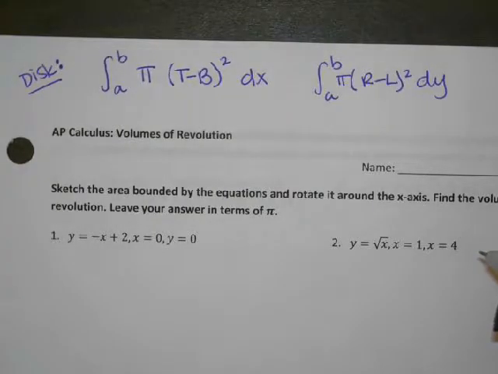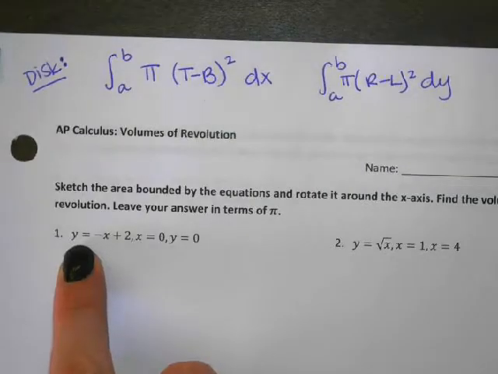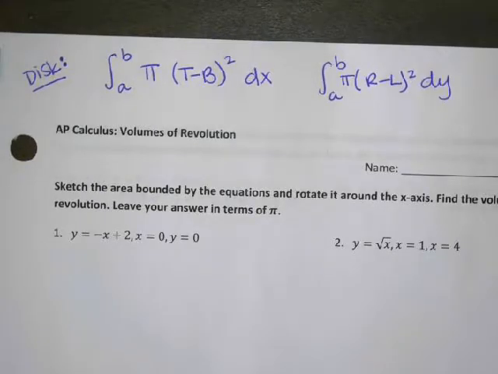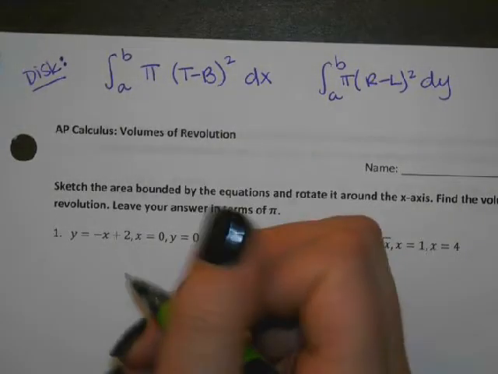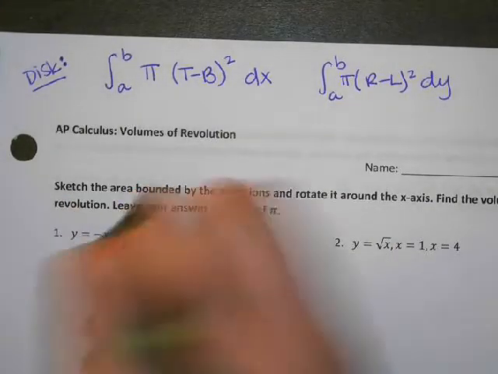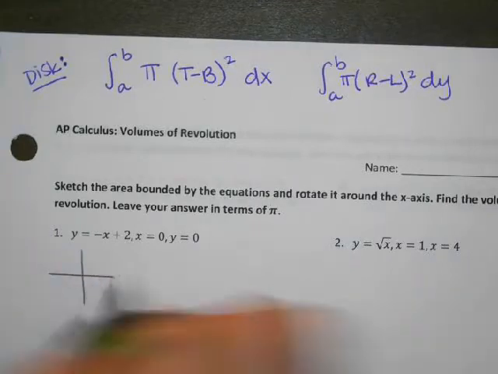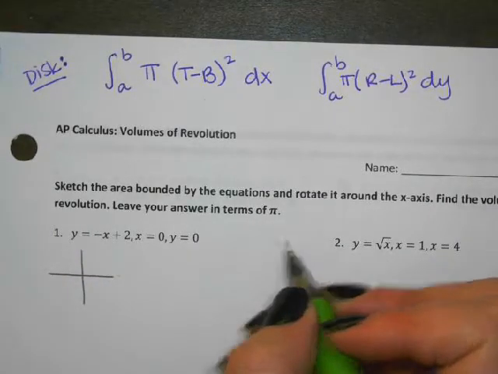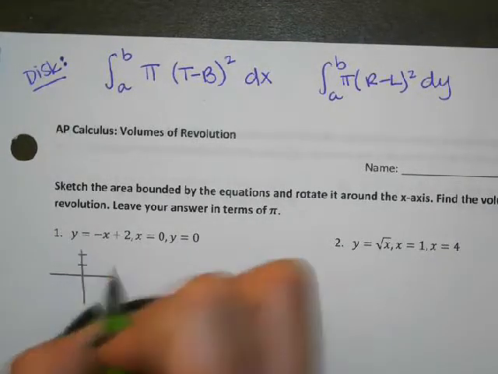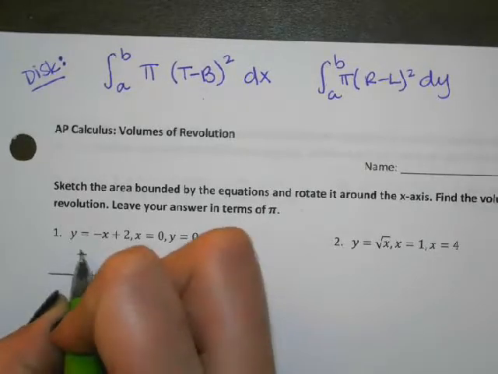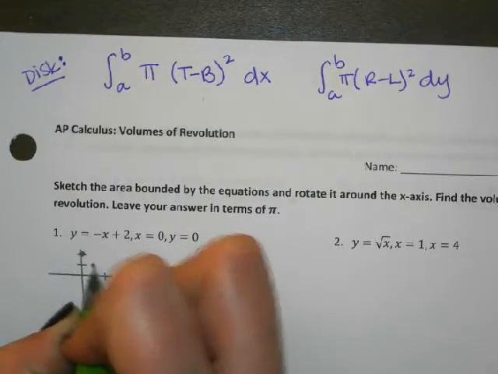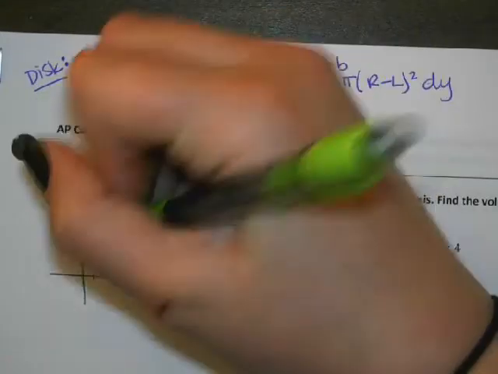Okay, so for this one we have the equation y equals negative x plus 2, and that's what we're going to draw first. So what should that look like? It's linear. It has a y-intercept at 2 and a slope of negative 1, so it goes down 1, right 1, down 1, right 1.